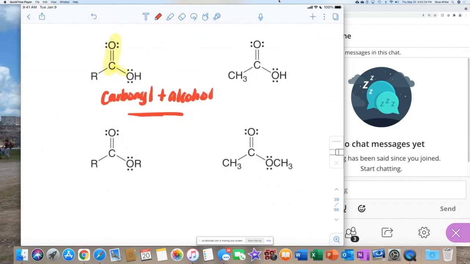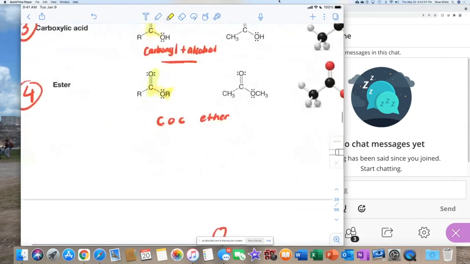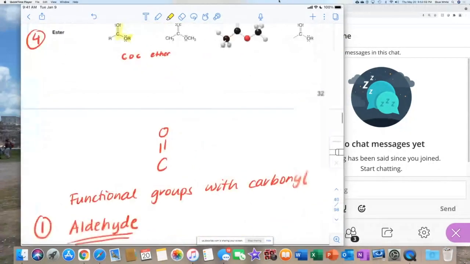And then down here, remember we talked about COC yesterday being the ether. So here it looks like the carbonyl is right here. And then this combination here looks like an ether, right? So instead of having a hydrogen here, you have a carbon. So let's go through and see if we can actually identify these in problems.